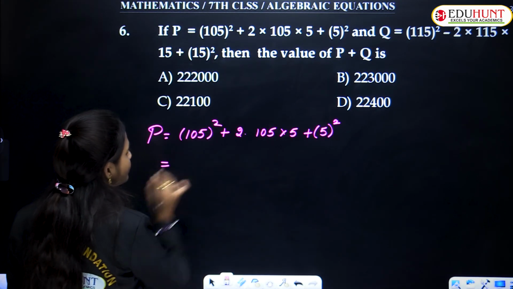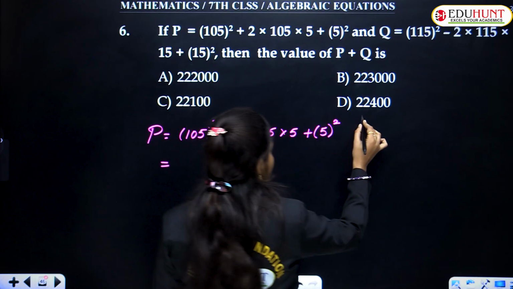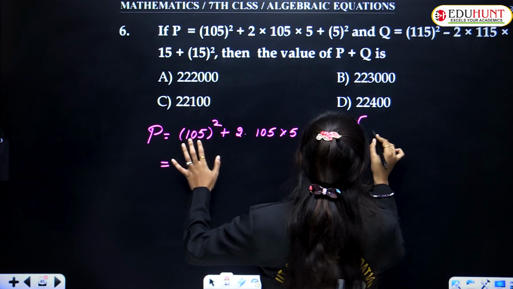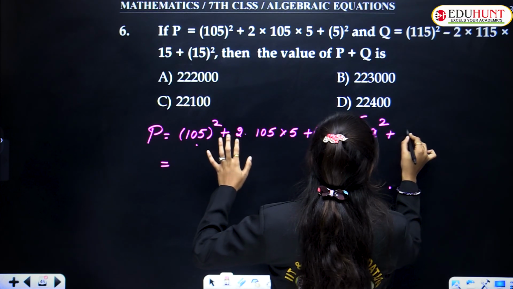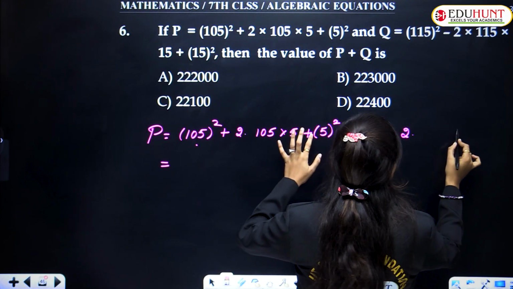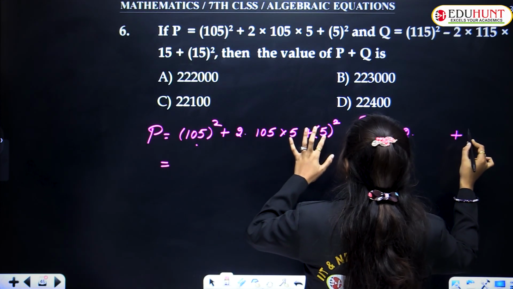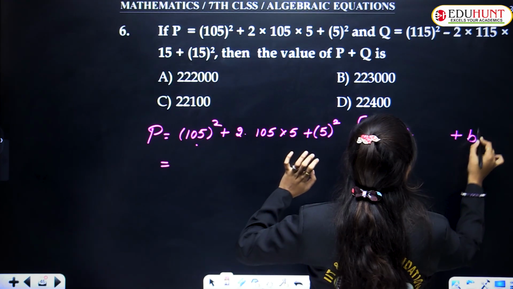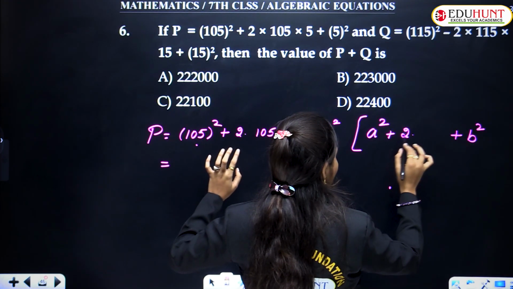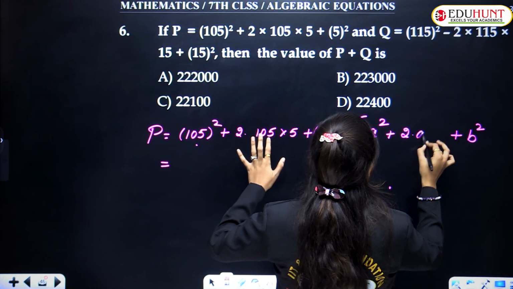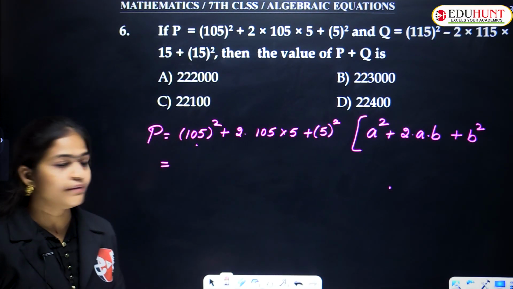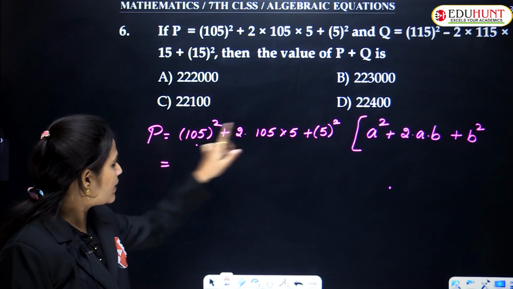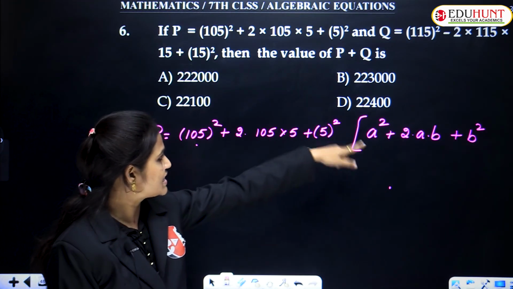So P is equal to, this is in the form of, let A be equal to 105. So A square plus 2 into, last term I am writing, here 5 square is B square. So A square plus B square plus 2, this is A and this is B. Understand? When you compare these two, A square plus 2AB plus B square.